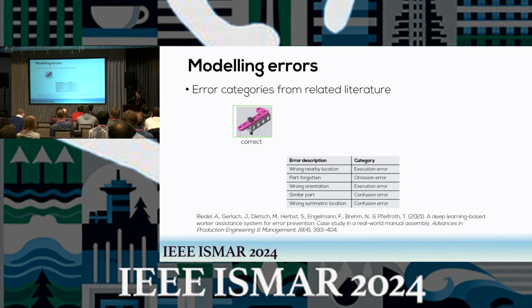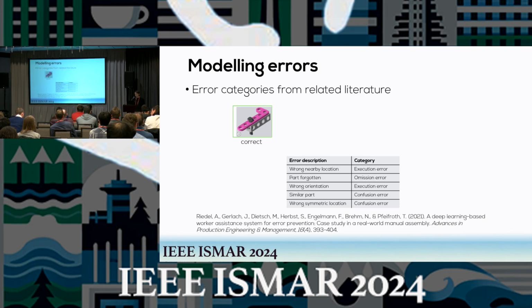So a bit about modeling these errors. In related literature from the production engineering domain, users have been observed while assembling objects on a workbench, and the errors are categorized as illustrated. So this is a way to categorize them. For this shown object highlighted in green, an actual object from a data set that we used, we can see here the correct state that is expected to happen.